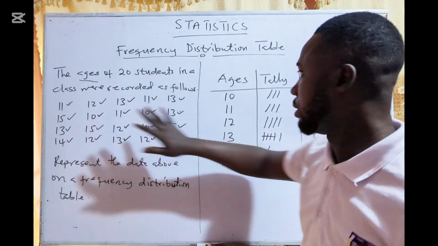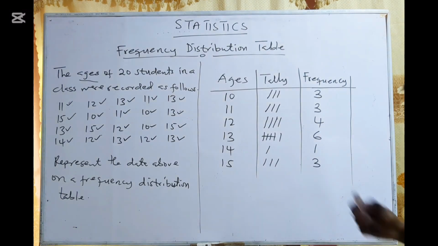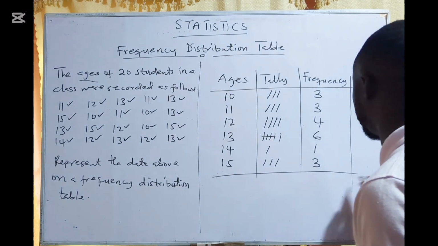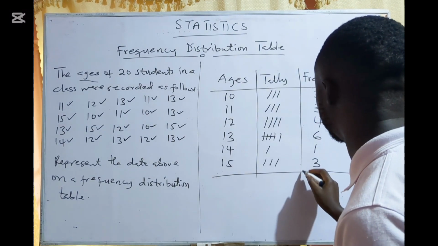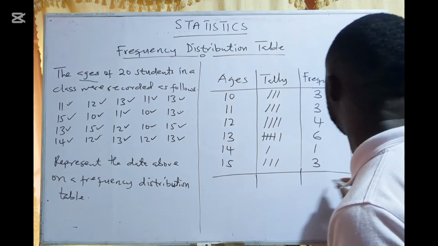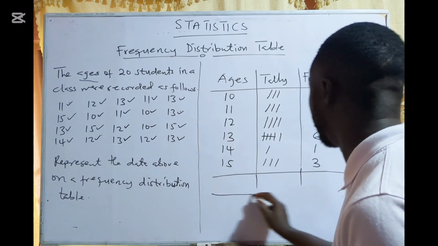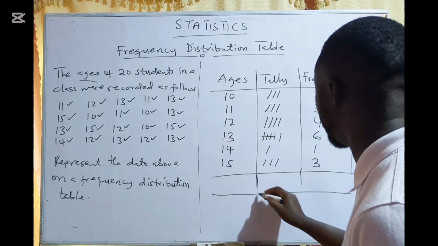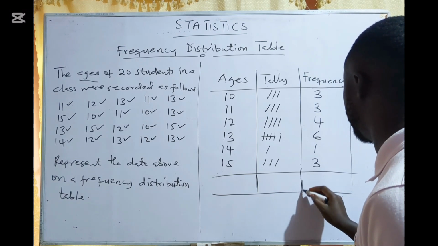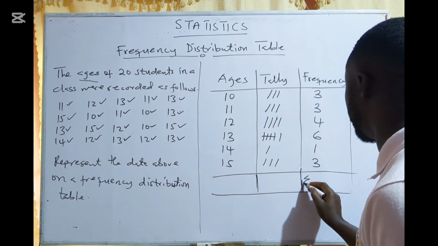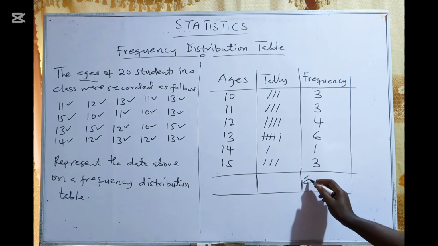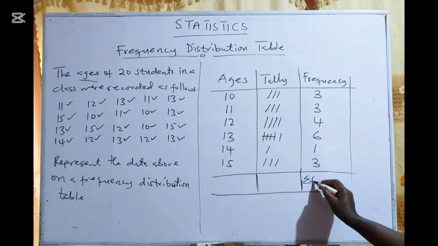This is 20, if it will be equal to 20, alright. So the total, okay. You can say total, or what you can say is, in statistics, total is sigma. So this sign is summation. So sigma f, the summation of the frequency.